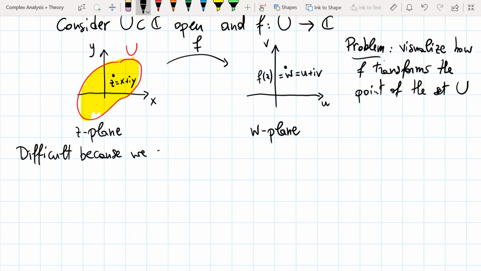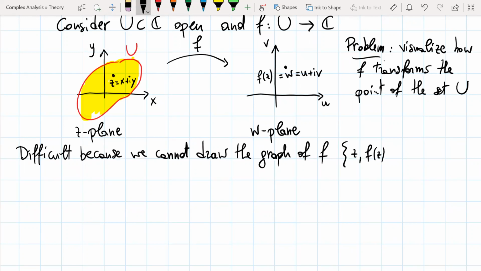The graph of f is a set of pairs z, f of z, such that z lives in U. But this is a subset of C times C, and this is a four-dimensional object. So this would require four dimensions, so we cannot surely do this in a simple way.